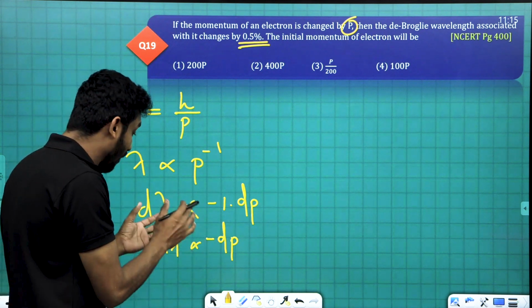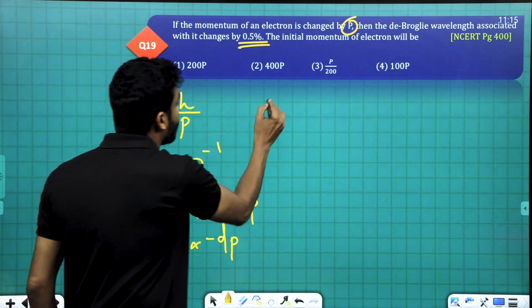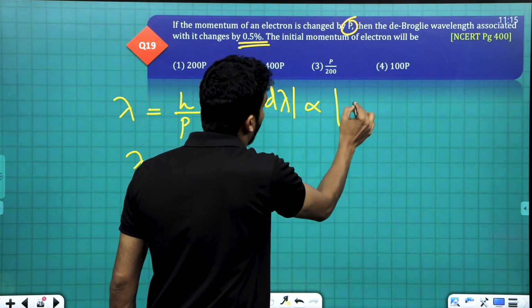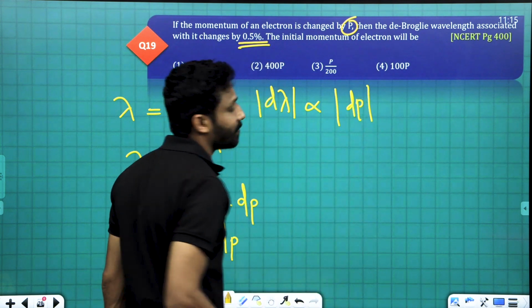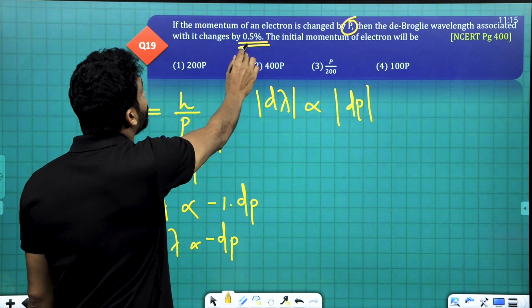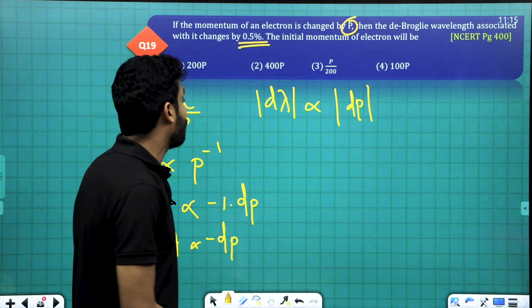When we take the magnitude only, we can neglect this negative sign. The magnitude of the change of lambda is proportional to the magnitude of the change of momentum.